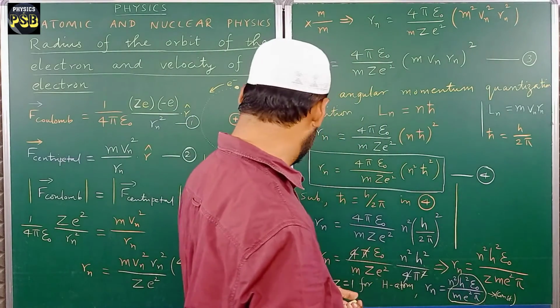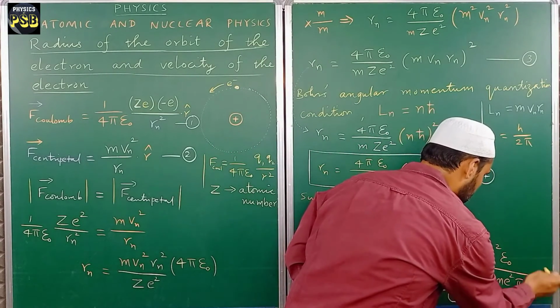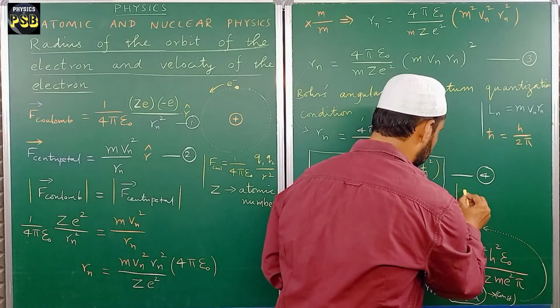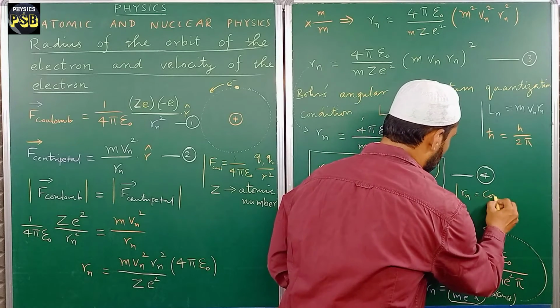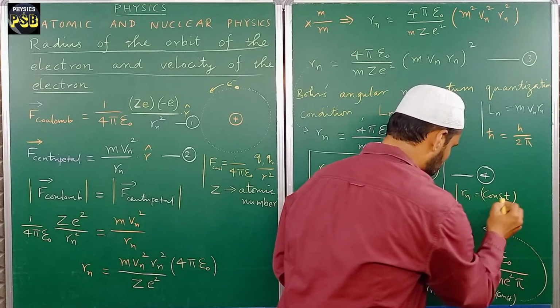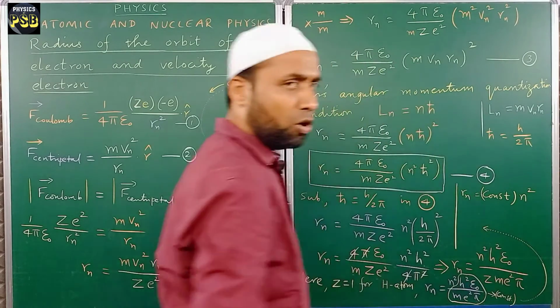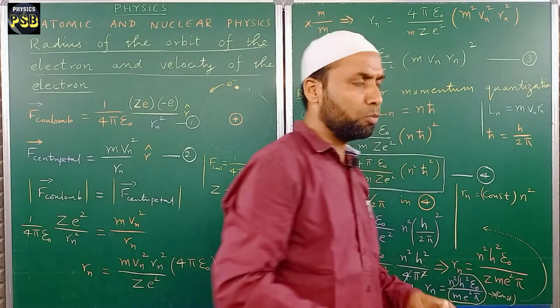I don't have space here, so I write this here. Rn equals constant, what is left is n square. We know when equal to is multiplied with a constant, we get a proportionality.